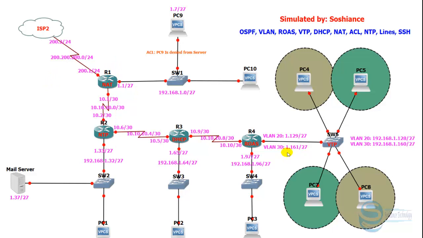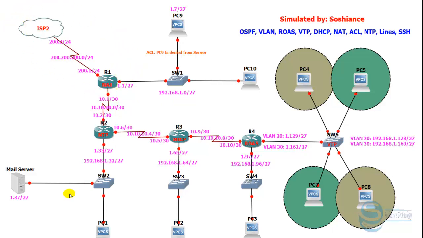If you use private IP addresses inside your network, that is safer, and you can configure some firewalls, IPS, or different kinds of protocols and policies which can secure your network. So this is how we are using public and private IP addresses.